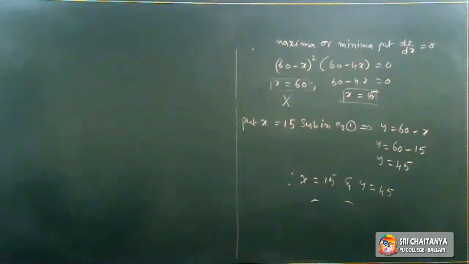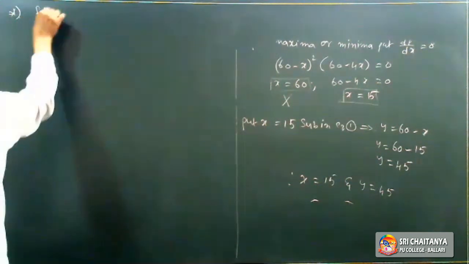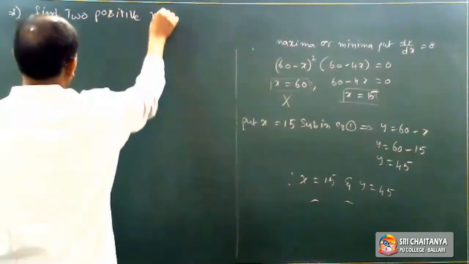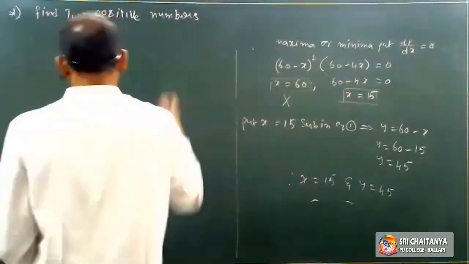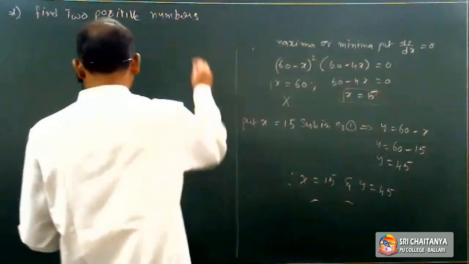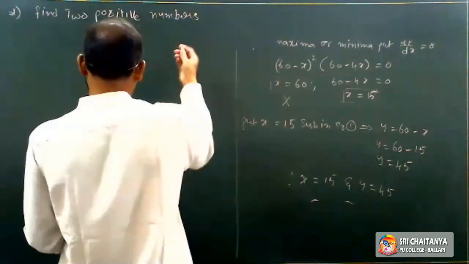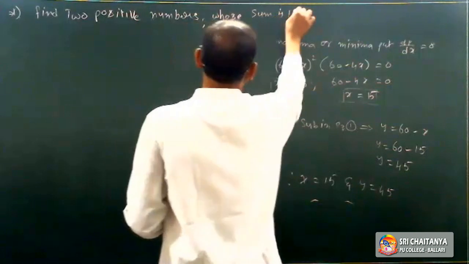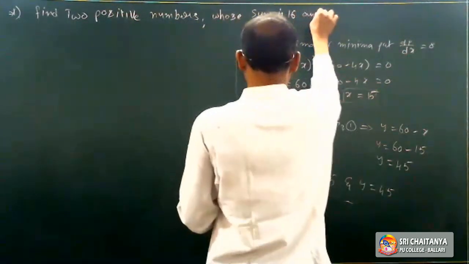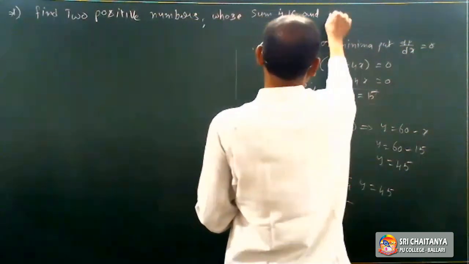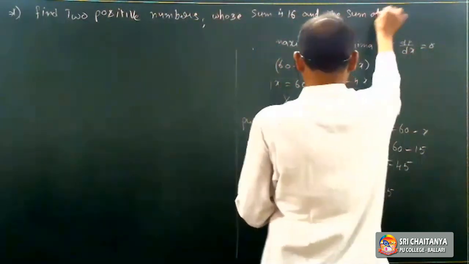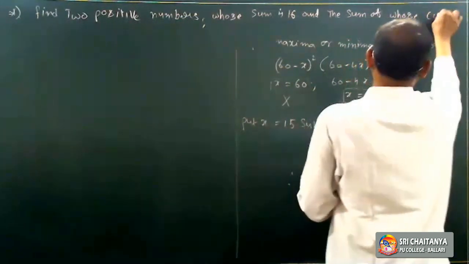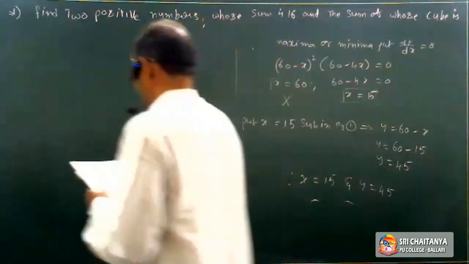Find two positive numbers x and y whose sum is 16 and the sum of its cube is minimum.